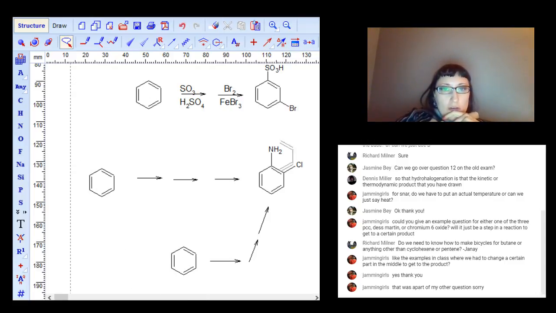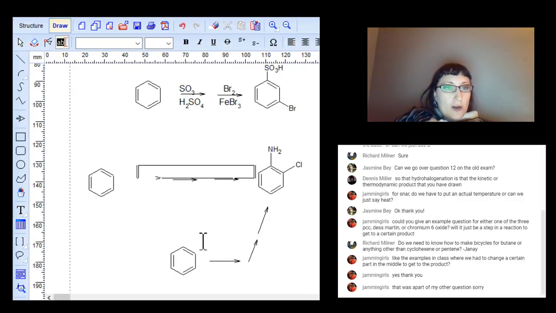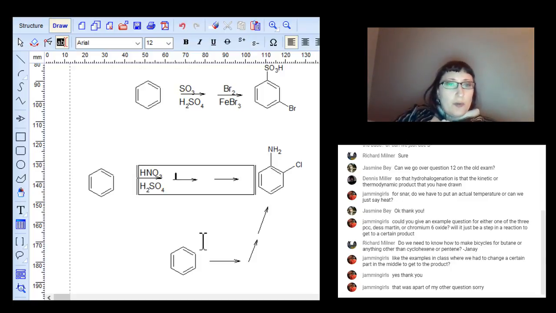So the first thing we could do is a nitration reaction. That would require the HNO3 and the sulfuric acid. Then the next step would be to basically just do a reduction of the nitration product, the nitro group.